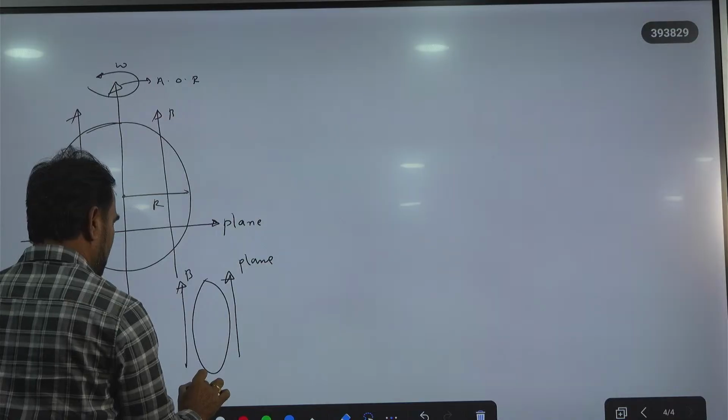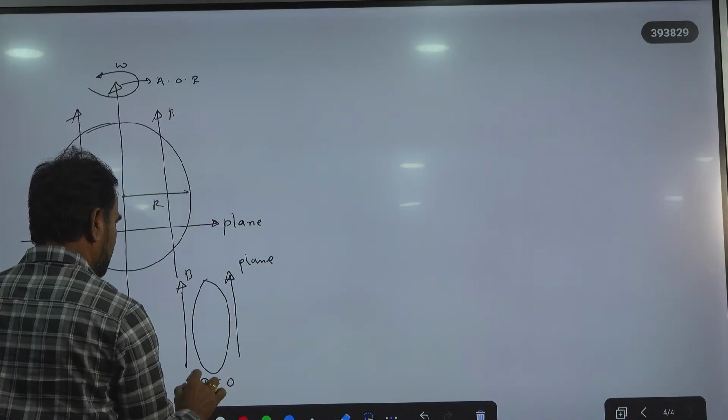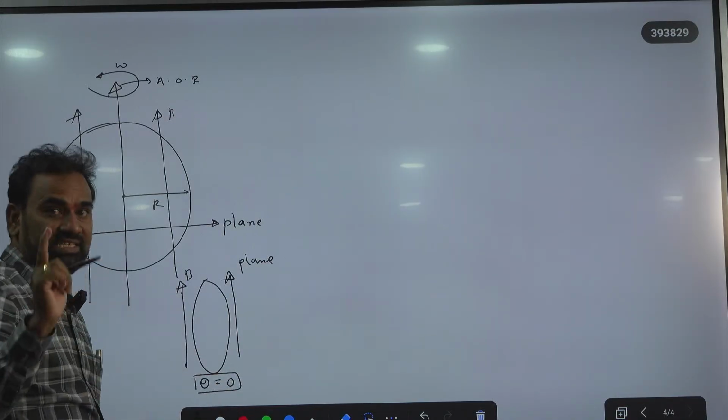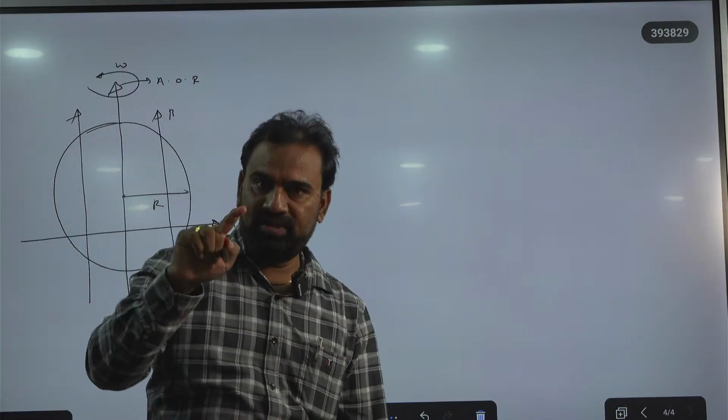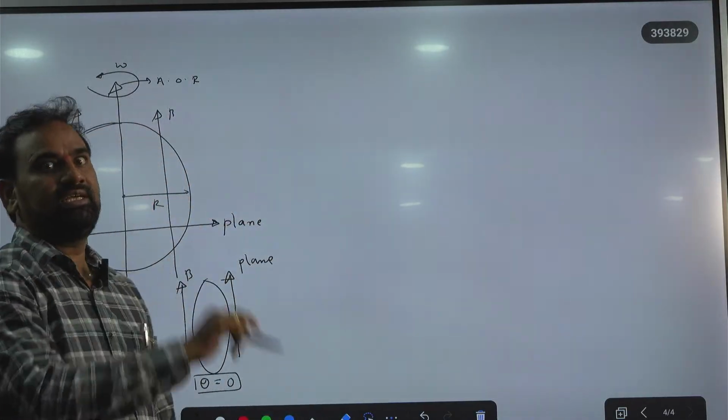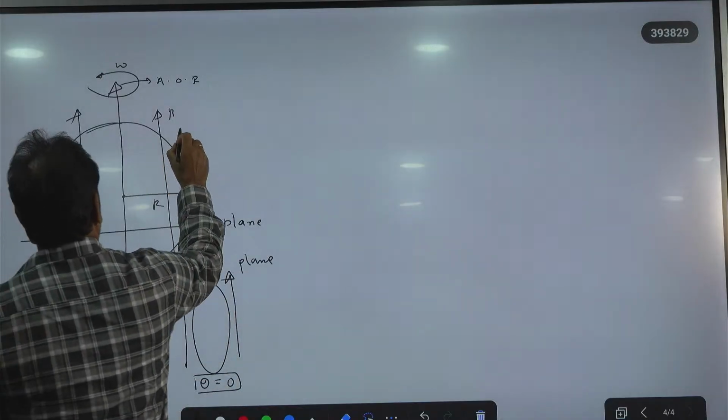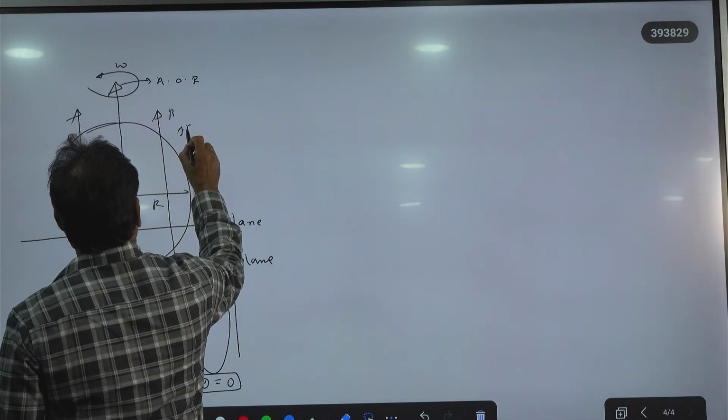The angle between the plane of the coil and the magnetic field would be equal to 0. Therefore, in this case, calculate the EMF and magnetic flux associated across the coil. This is 2025, this is JEE.